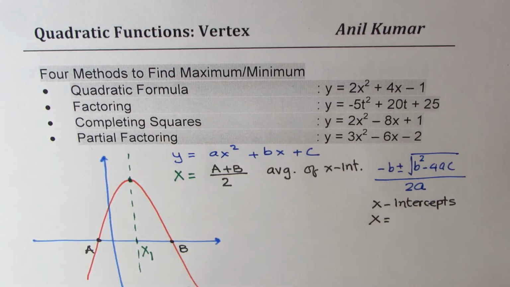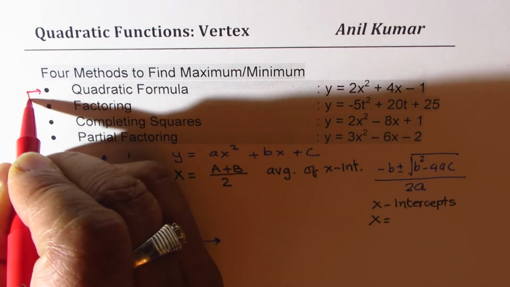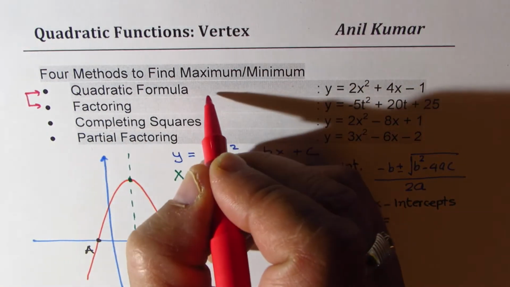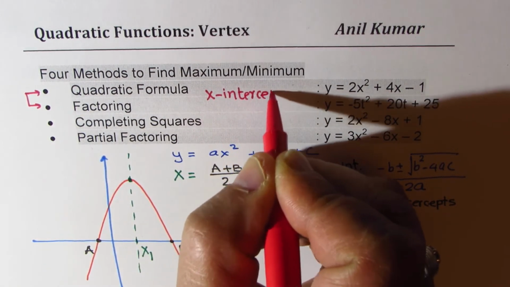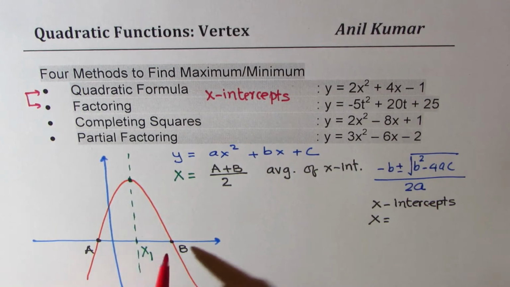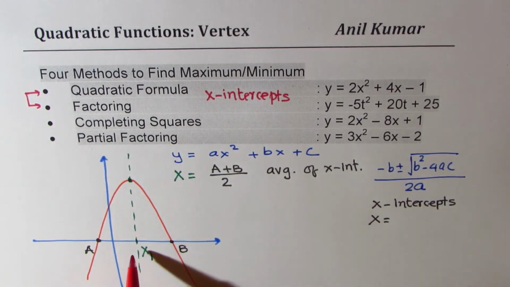These two methods could be used to find the x-intercepts, and the average value will give us the x value.